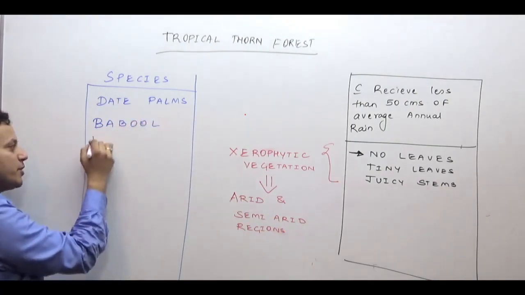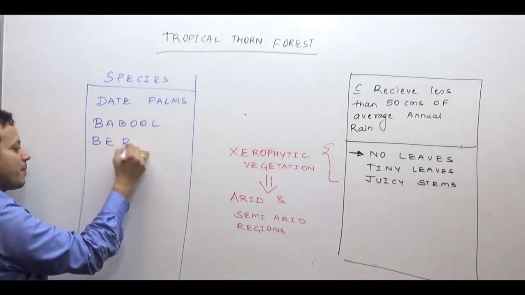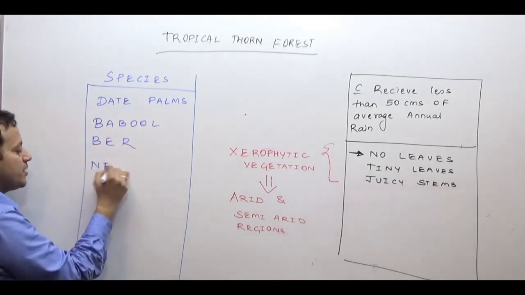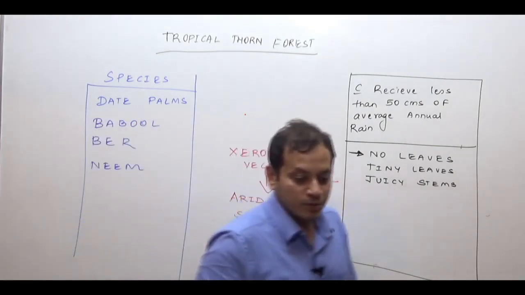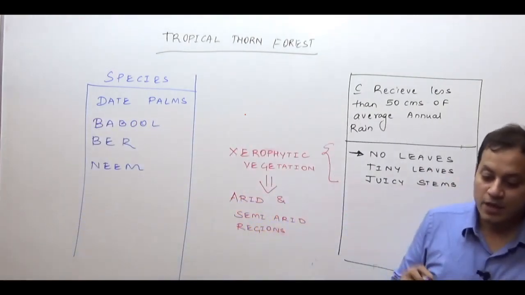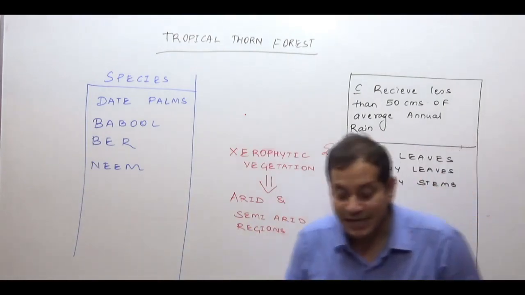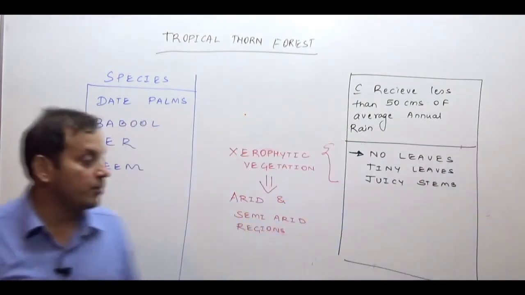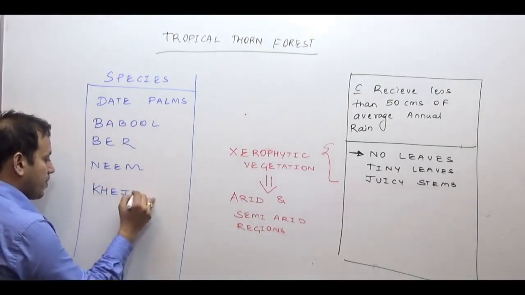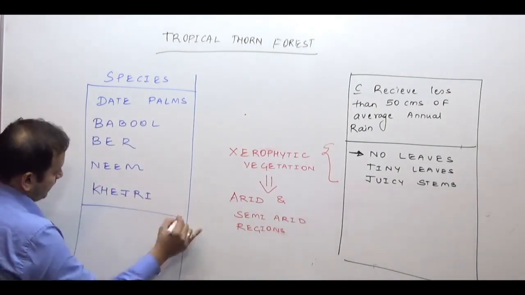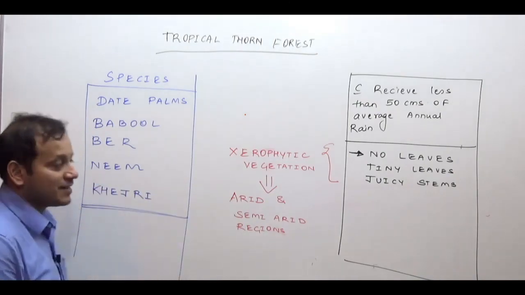The third important species is bear. The fourth important species is neem. The fifth important species is khejri.